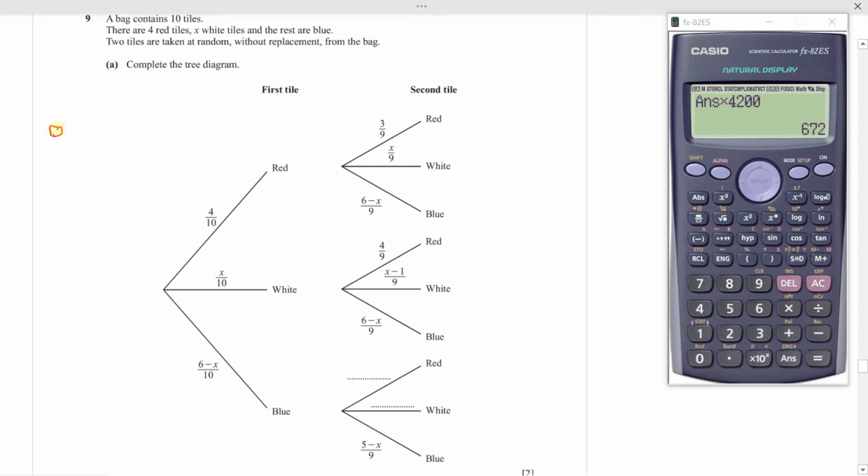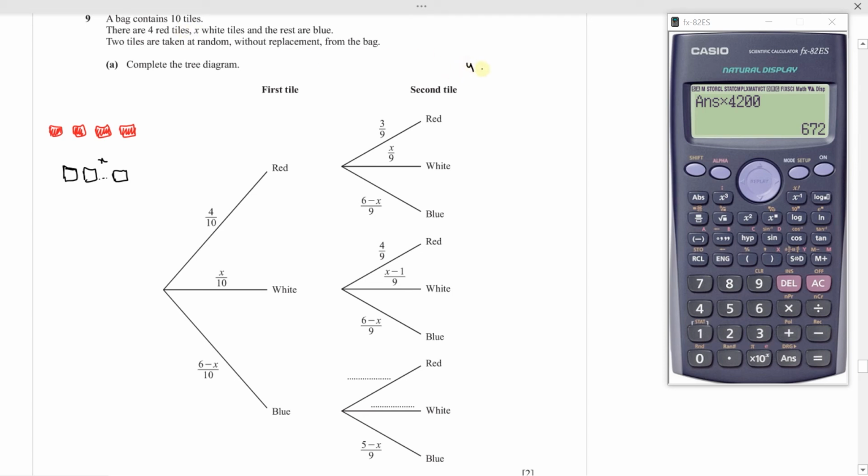So 1, 2, 3, and 4 red. Then you have X white tiles. So we don't know the exact numbers, but we can say somewhat like X. And then how many blue will we have? So the total sum is 10.